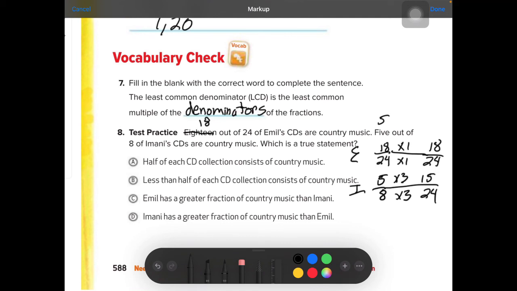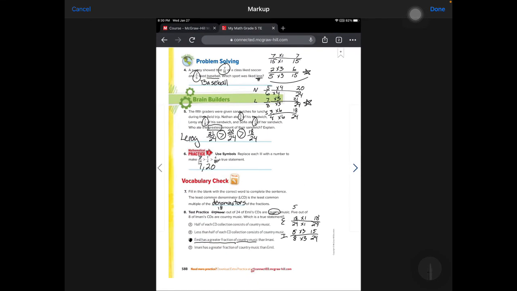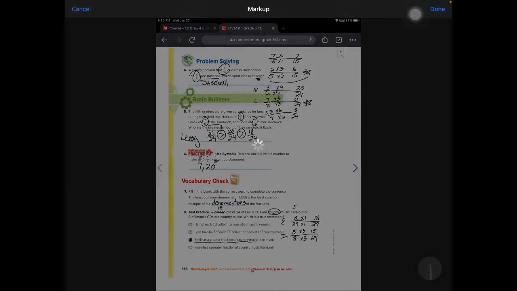Okay, so we can see this one is Emil and this is Imani. So Emil has a greater fraction. Let's see if there's something that says that. Look at this. Emil has a greater fraction of country music. Okay, C is our choice.